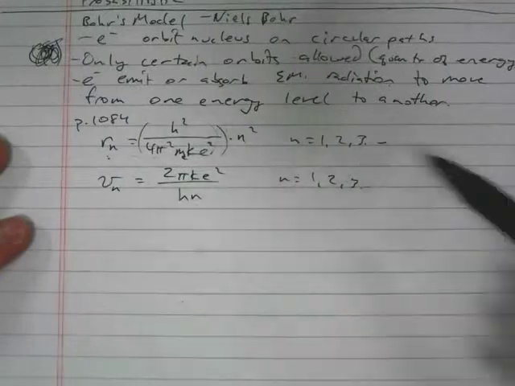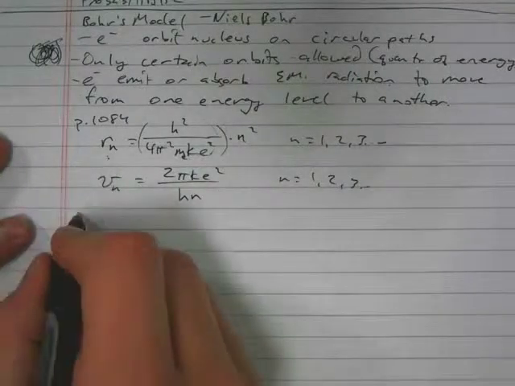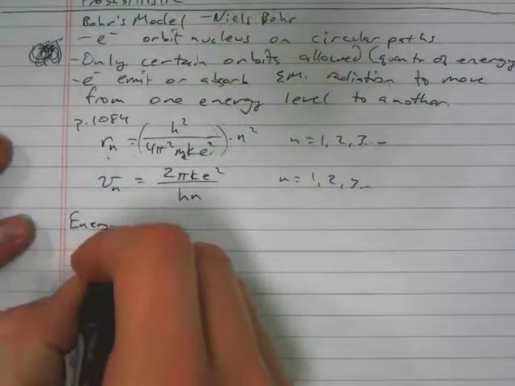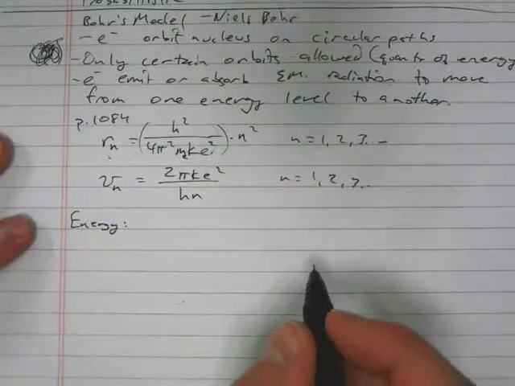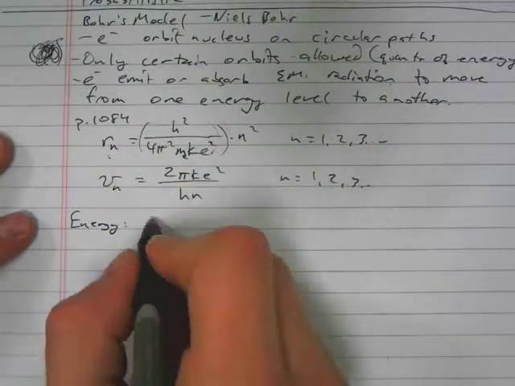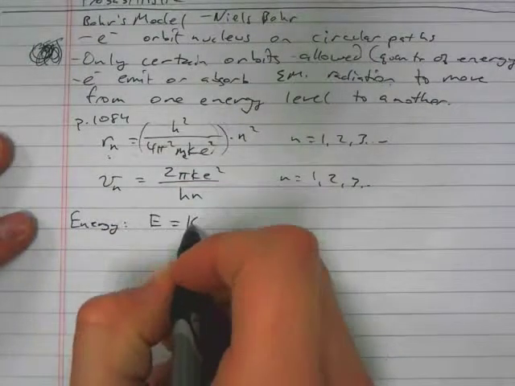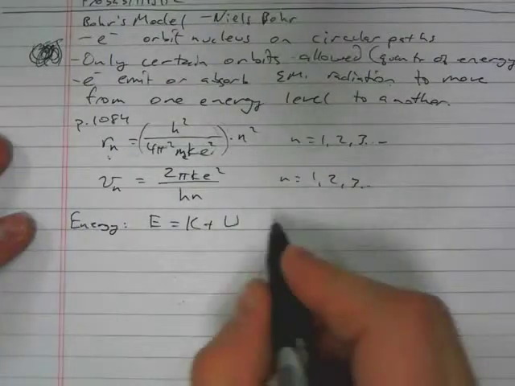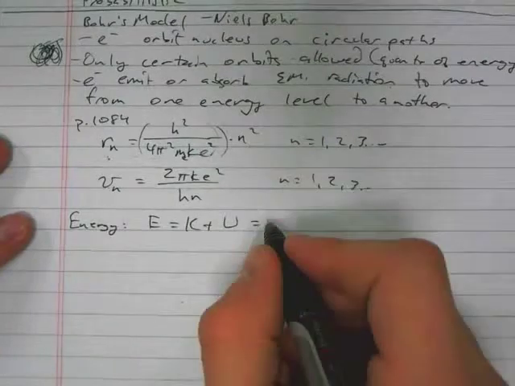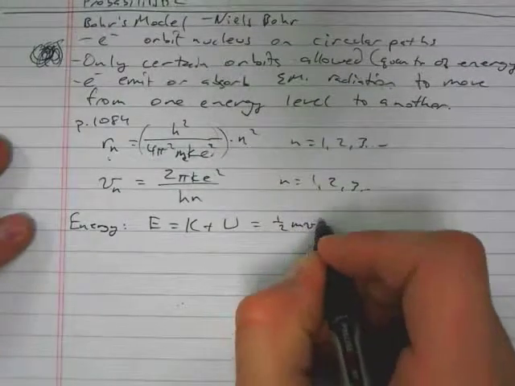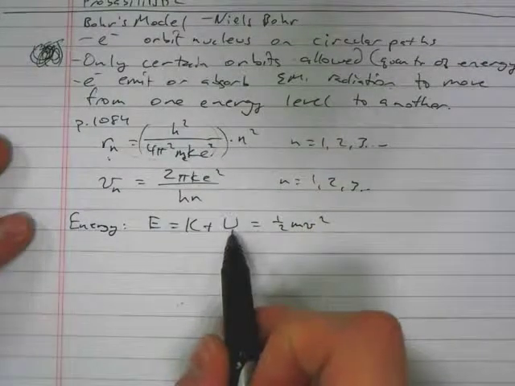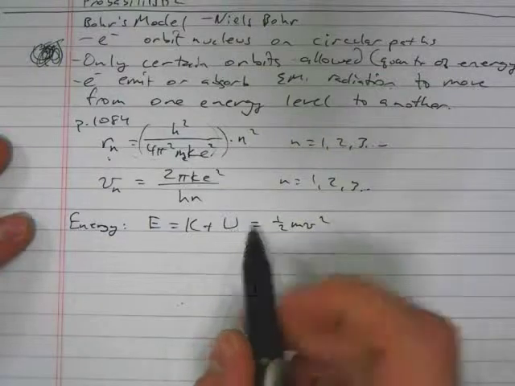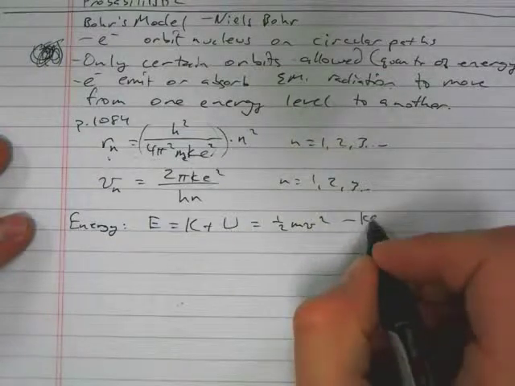The energy then of these allowed orbits. Now energy is kinetic energy plus potential energy, and we know that kinetic energy is half m v squared, and electric potential energy is minus k q1 q2 over r.